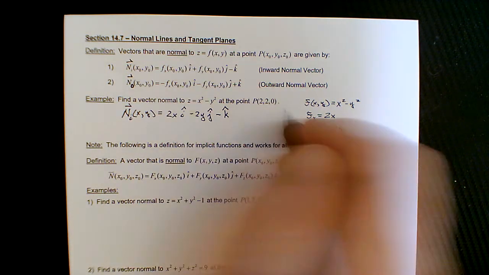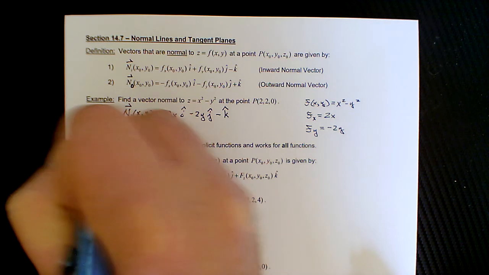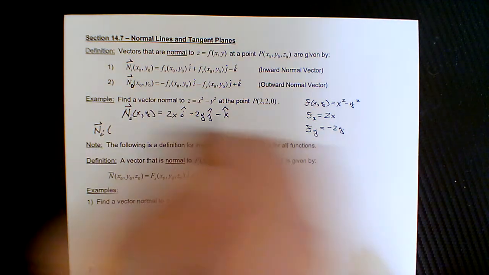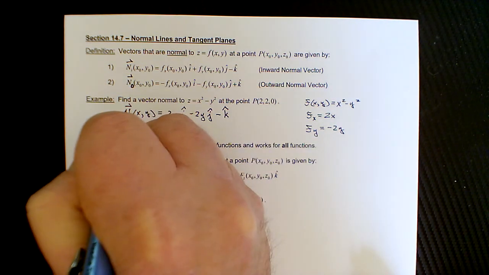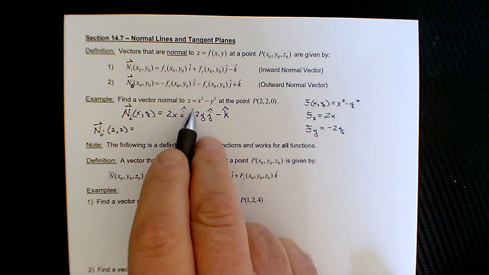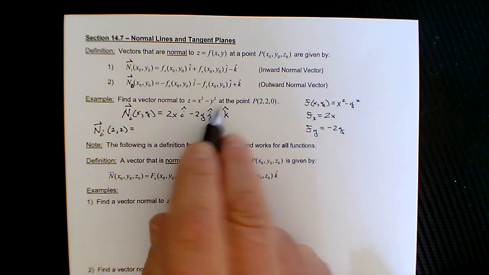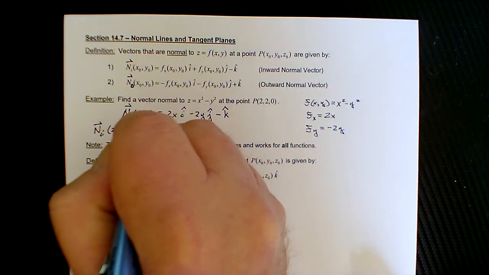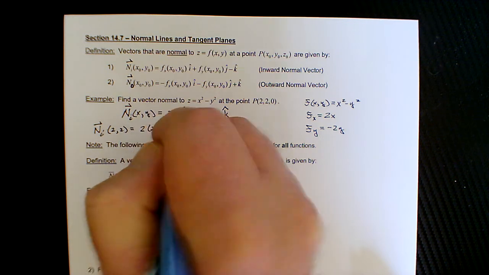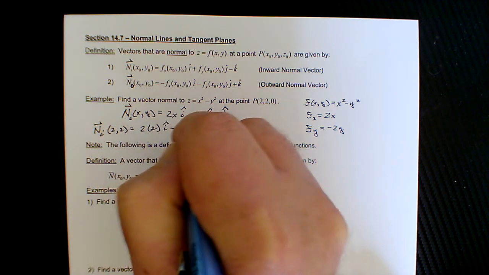And then you could plug in the point, so then we'd have that n sub I evaluated at, it's really just the point 2, 2, because it's not an implicit function, it's an explicit function. z is given explicitly in terms of x and y. So then we just plug in the x is 2, and the y is 2.